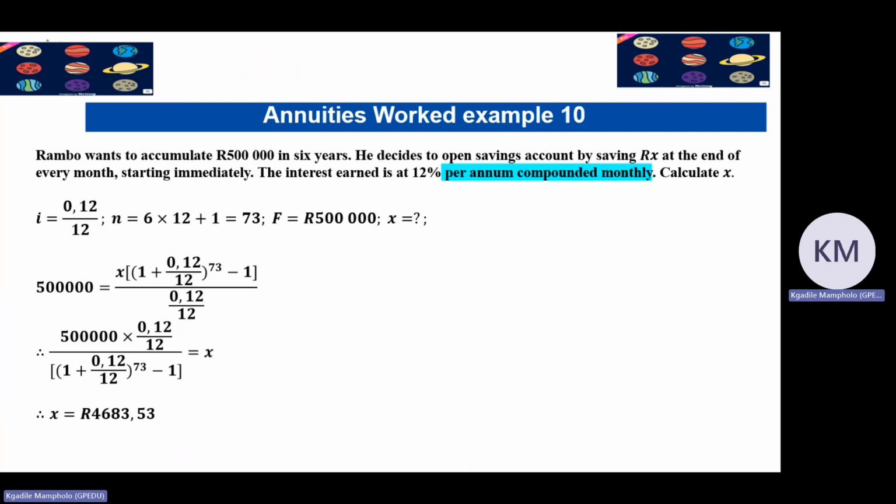You take the numerator on the right hand side to the denominator, then you get X. So it means that if Rambo saves 4,683 rand 53 cents over the period of 6 years with that interest of 12% per annum compounded monthly starting immediately, then he will be in a position to reach his 500,000 rand target within that period.